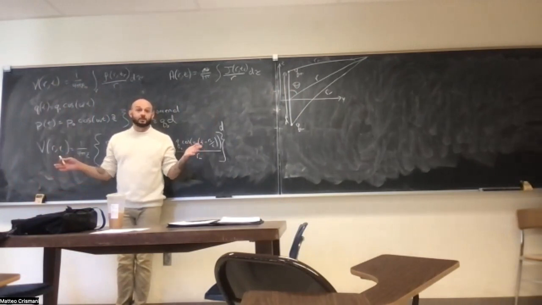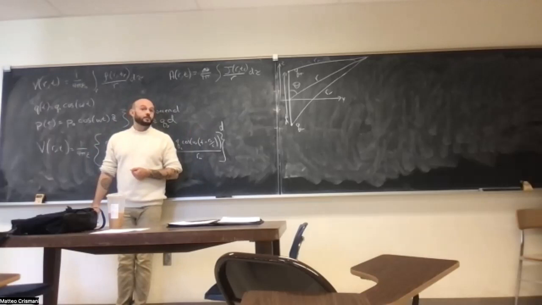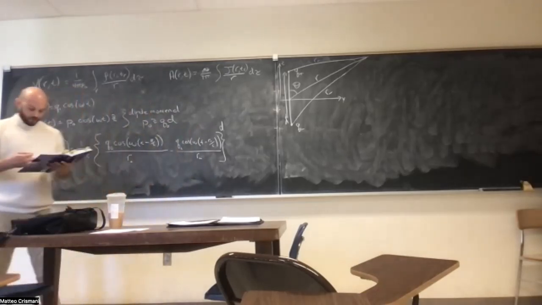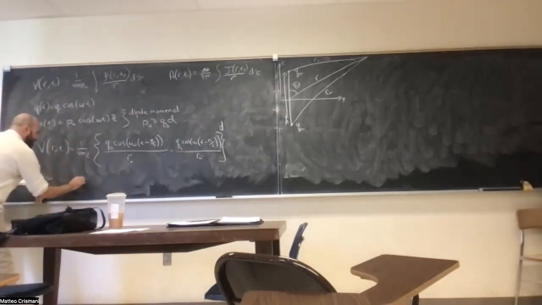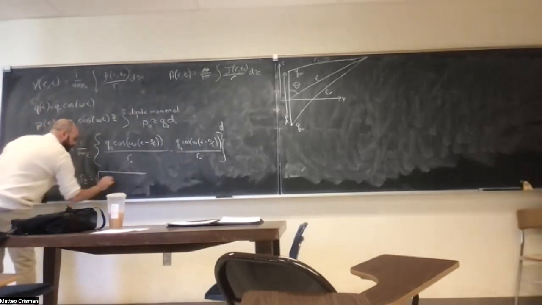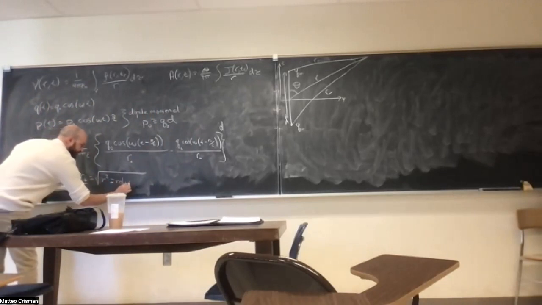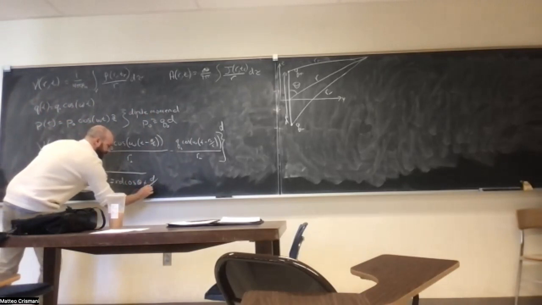If we can find terms that go like 1 over R, then when we do the multiplication of them, we end up with something that goes to infinity. So the law of cosines here allows me to write R plus minus as given by R squared minus plus R d cosine theta plus d over 2.